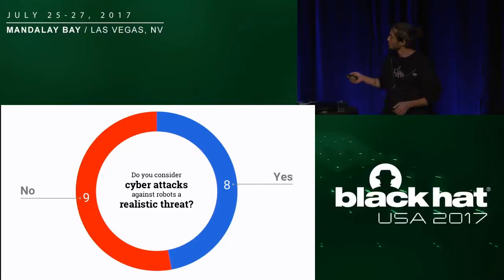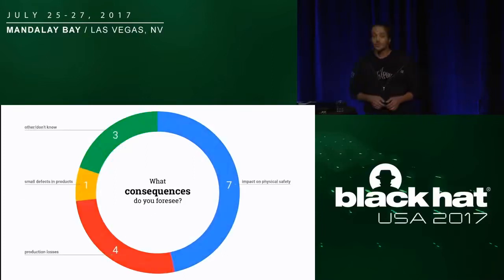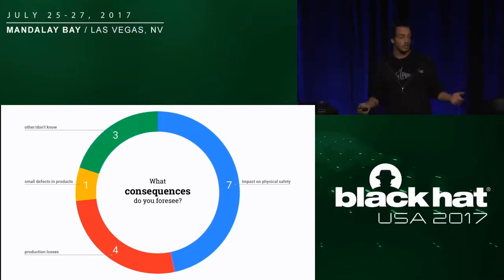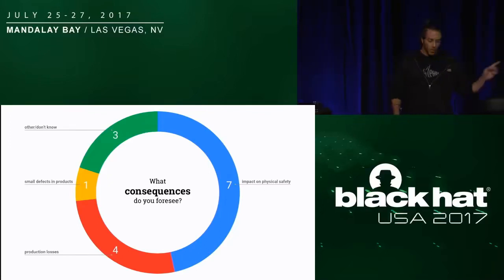For example, what are the consequences that you foresee if an attacker has compromised your robot? Most of them were worried about the impact on physical safety. Is the human operator at risk? Some of them worried about production losses. What if the attacker stops the production plant? One of them even hinted, what if the attacker inserts some small defects in the products?